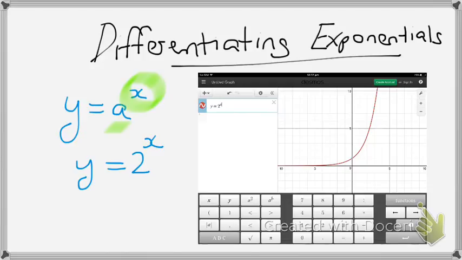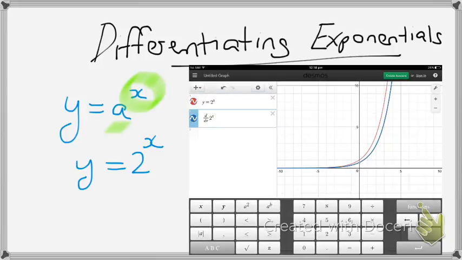There is a graph of 2 to the x, and I've just done that through Desmos. Now, at this stage we don't know how to technically differentiate it, so I'm going to use the magic of technology and differentiate it for you. Wow, amazing. You've got in red 2 to the x, and in blue the derivative of 2 to the x.